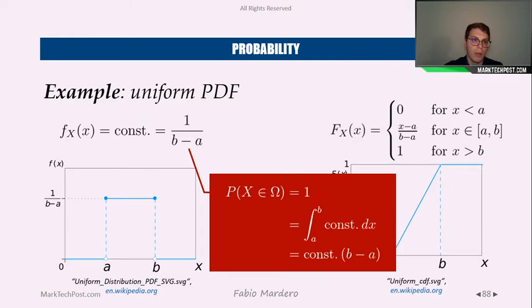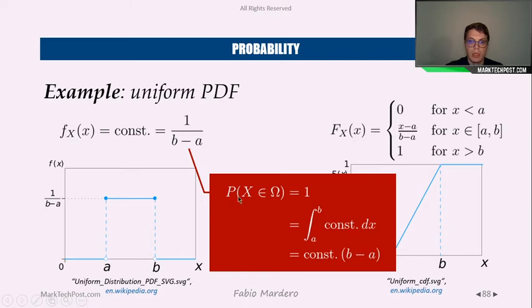Since we say that f of x must be a constant, why do we get that it is equal to 1 over b minus a? Well, because of the normalization property of the probability measure.